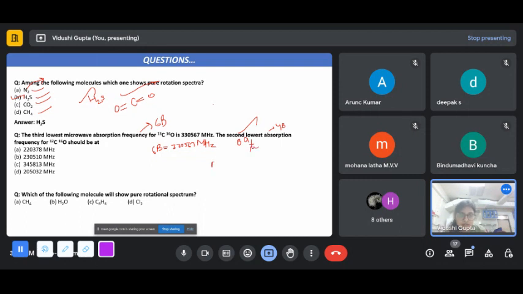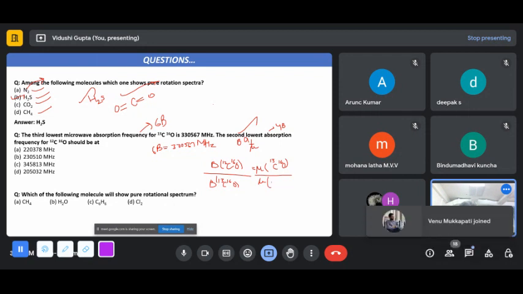So B of carbon 12 16O divided by B of 13 carbon 16O, as it is inverse, will be mu of carbon 13 16O divided by mu of 12 carbon 16O.